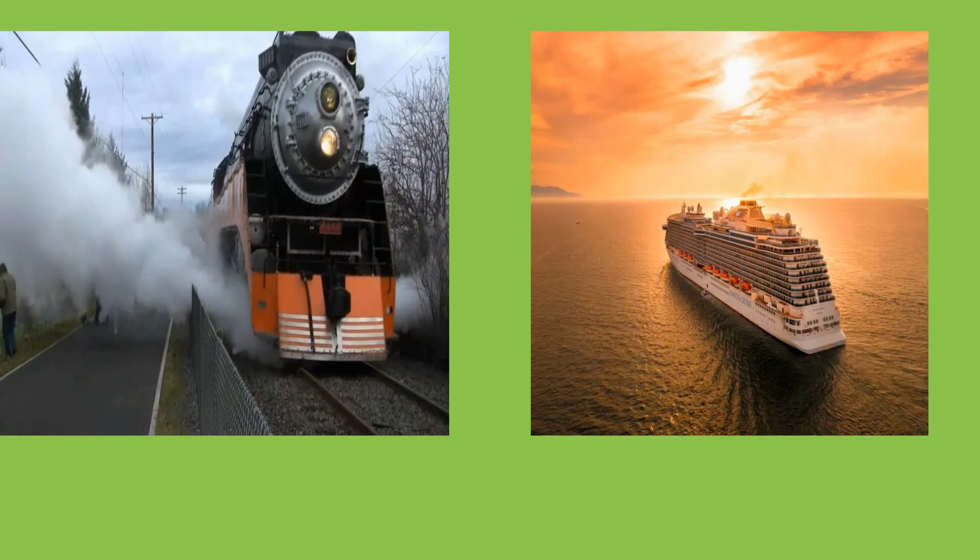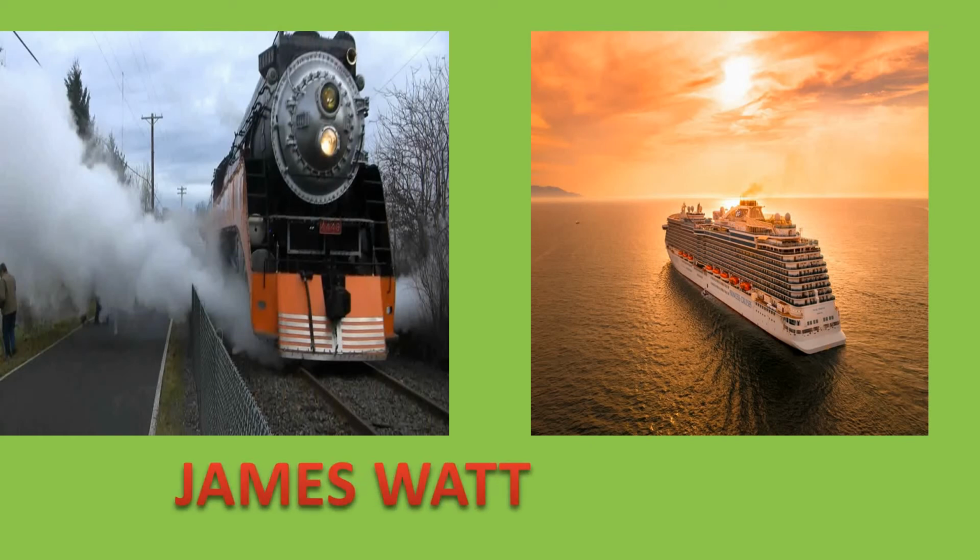After some years, the second invention came with the invention of the steam engine. It was invented by James Watt, जो कि 240 years ago इंग्लैंड में बनाया गया था. It was the first train. At about the same time, ship का भी invention किया गया था, and it became possible to transport heavier loads much faster.